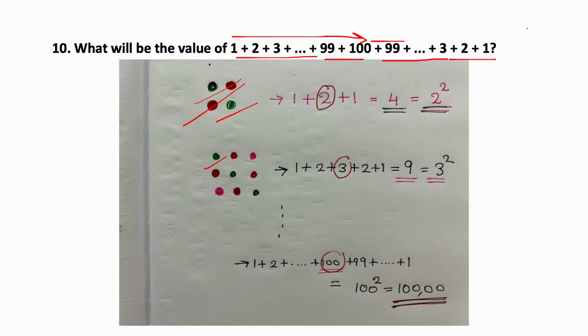Then what is 1 plus 2 plus 3 plus 2 plus 1? That is 9, which is 3 square. Similarly, if you do 1 plus 2 plus 3 plus 4 plus etc. plus 100 plus then backwards 99 plus 98 plus 97 plus etc. plus 1, what will you get? You will get 100 square, that is 10,000.